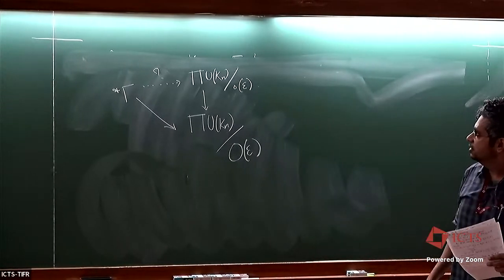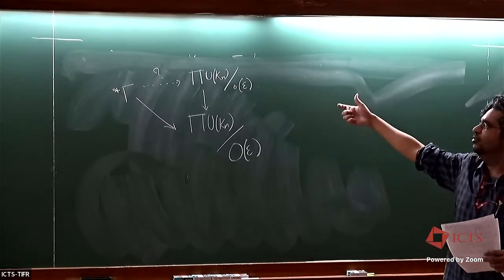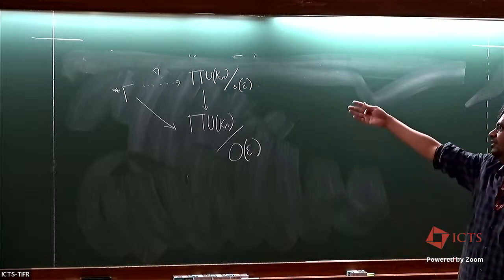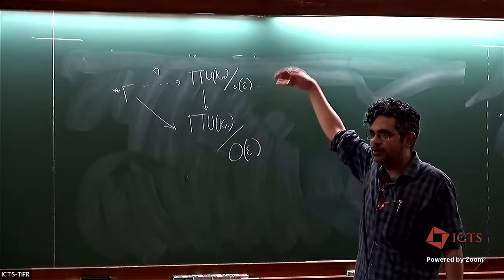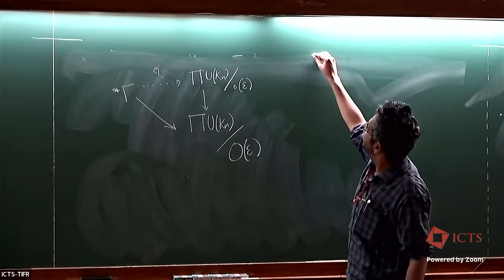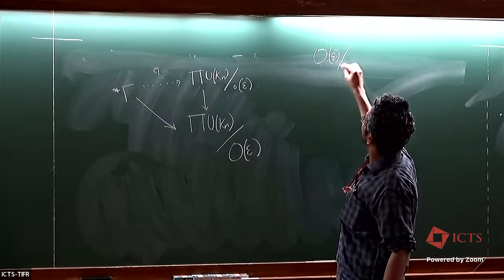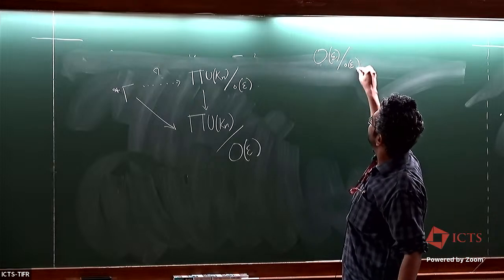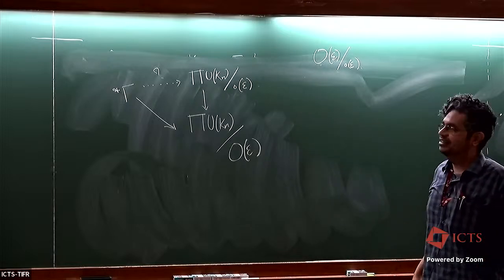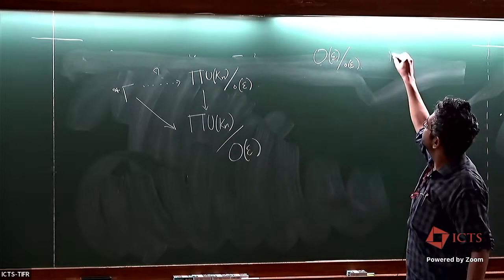This is the question of defect diminishing. Now, why is this nicer? We saw that this is equivalent to that just by repetition. But this is nicer because this O of epsilon modulo small o of epsilon, the kernel of this lift, is abelian.